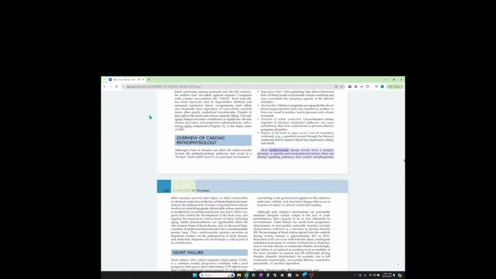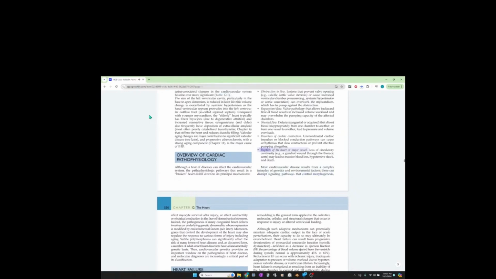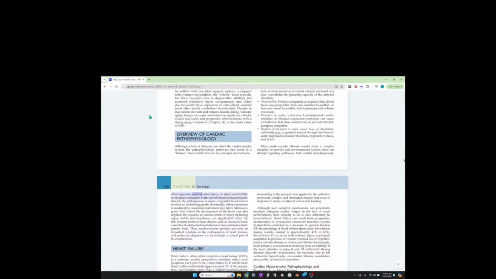Most cardiovascular disease results from a complex interplay of genetics and environmental factors. These can disrupt signaling pathways that control morphogenesis, affect myocyte survival after injury, or affect contractility or electrical conduction in the face of biomechanical stressors. Indeed, the pathogenesis of many congenital heart defects involves an underlying genetic abnormality whose expression is modified by environmental factors.